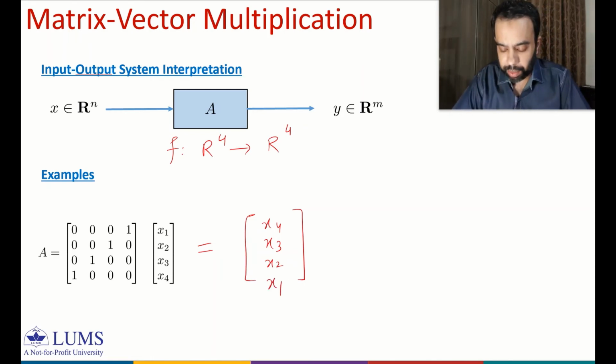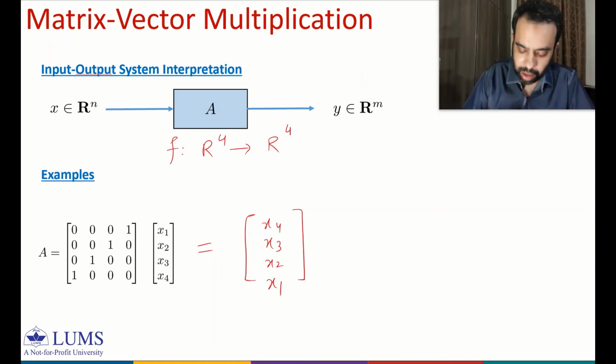So what is this system doing in fact? This is just reversing the order of the input, right? So x4 gets replaced first, then x3, x2, and x1, right? So we can say the system has a special name, we call it reverser.